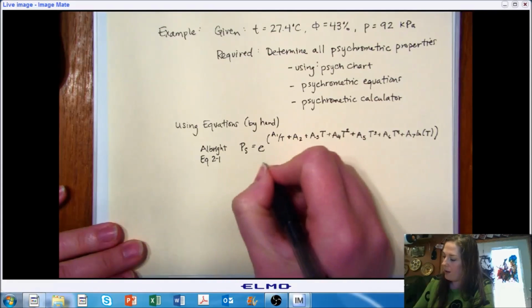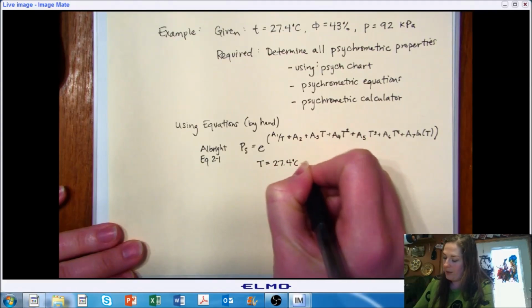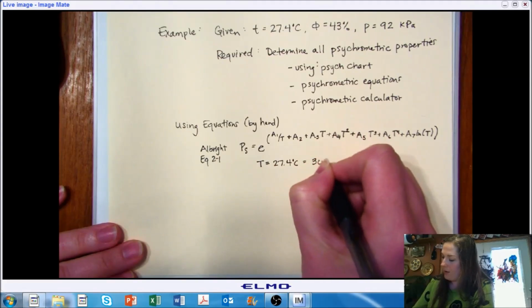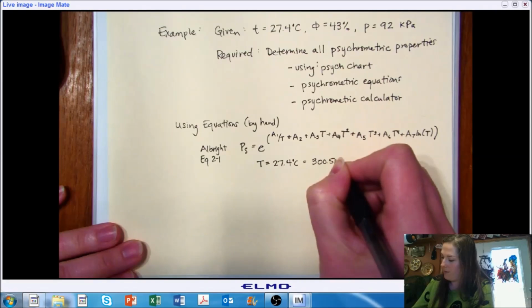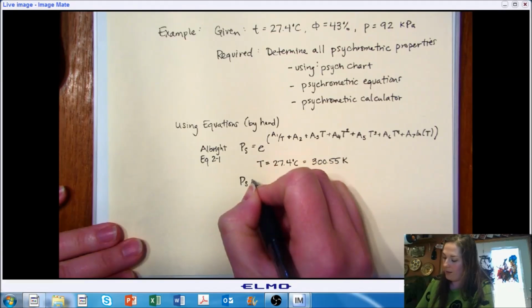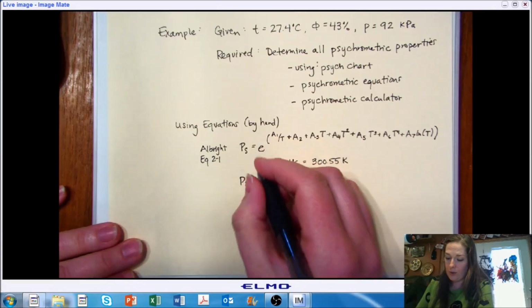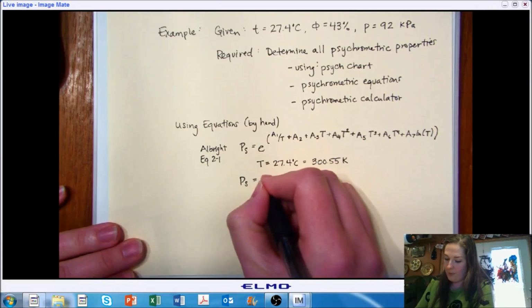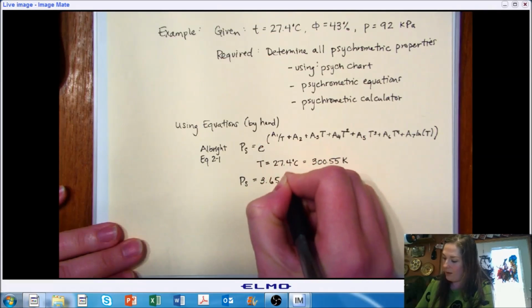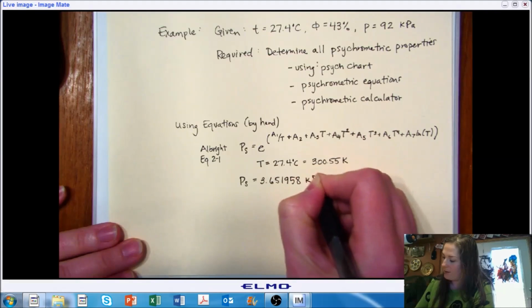Okay, and we know that our temperature is 27.4 degrees C, which is 300.55 Kelvin. So if we plug that in, we get our partial pressure, saturation water vapor pressure, of 3.651958 kilopascals.